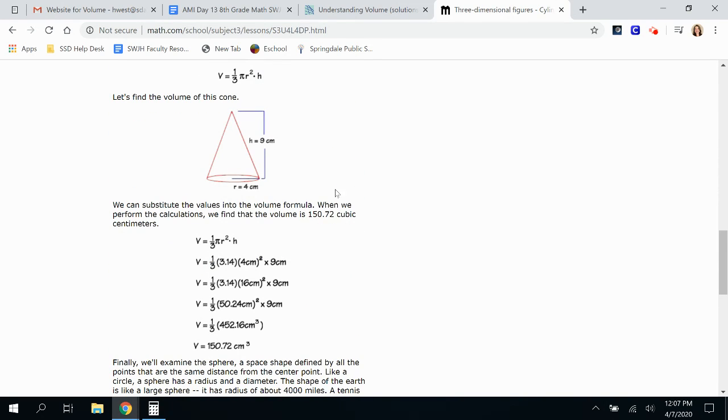All right, let's look at a cone. Our cone volume is volume equals 1/3 pi r squared times h. Our radius is 4 centimeters. Our height is 9.